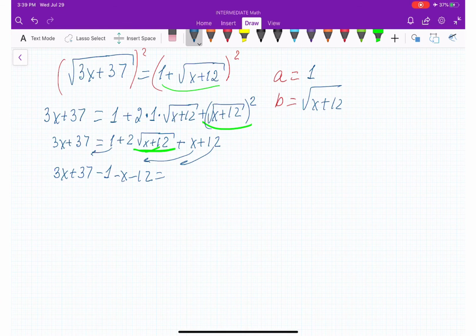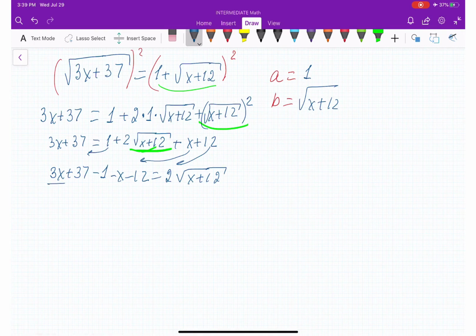I mean 2 square root of x plus 12. Okay, so 3x minus x is going to be 2x. 37 minus 1 is going to be 36. And minus 12 is going to be 24.